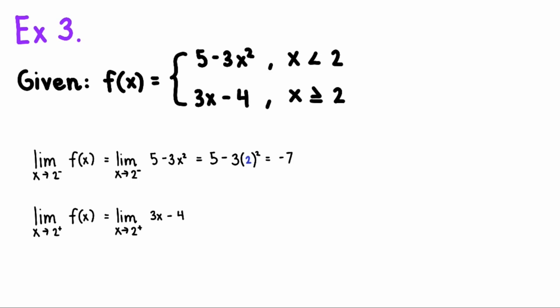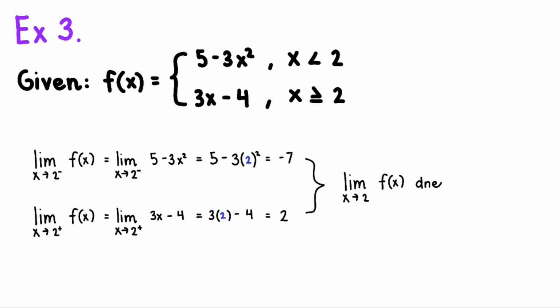And again, since there won't be any problems when we plug in 2, we have 3 times 2 minus 4, which simplifies to 6 minus 4, and 2. Since the limits out here are not equal, we conclude that the limit of f of x as x approaches 2 does not exist.